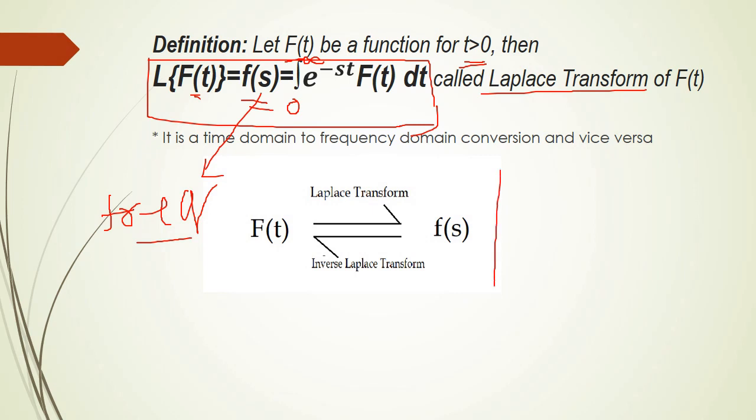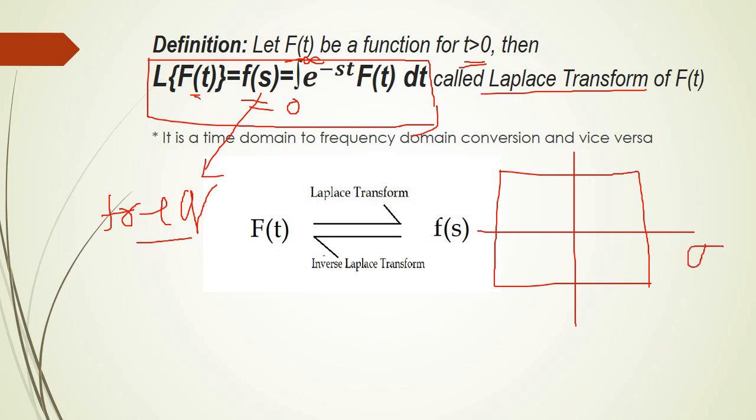Now this s can be expressed two dimensionally. Let us say that we have a two-dimensional plane, whose x-axis is expressing the real part and whose y-axis is expressing the imaginary part.